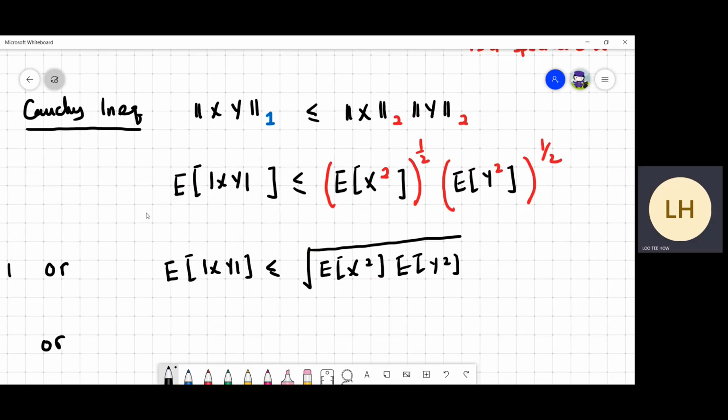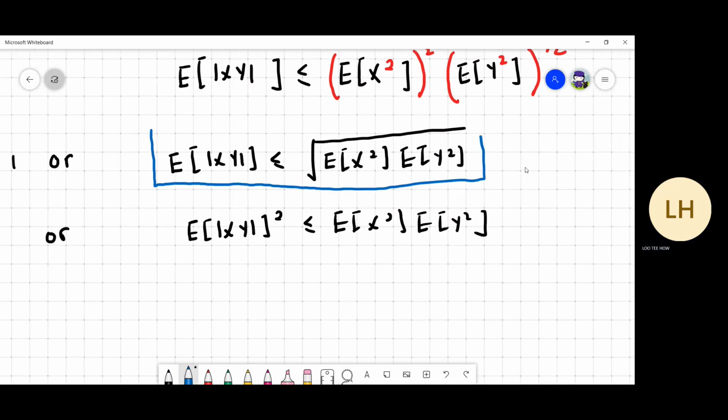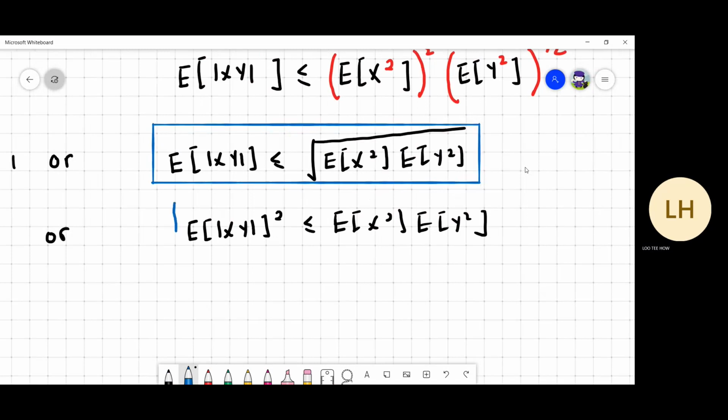Alternately, you may square both sides to eliminate the square root, so it turns out to be E of the modulus of xy, squared, less than or equal to E of x squared multiplied by E of y squared. So you may take either the first form or the second form, either this or this.